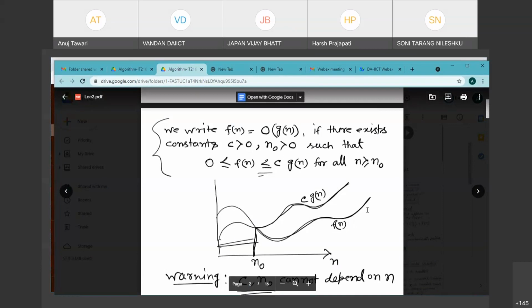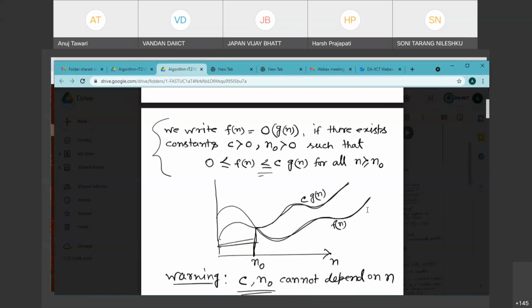Sir, I have a question. Sir, here in solving recurrences, our goal is to basically find the upper or lower bound of the function in question, right? Yes. Means we need not find the exact solution of that function.